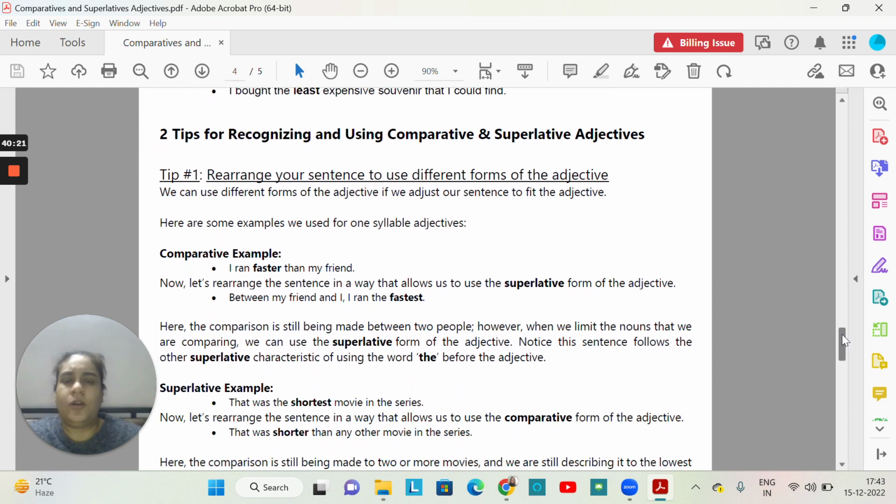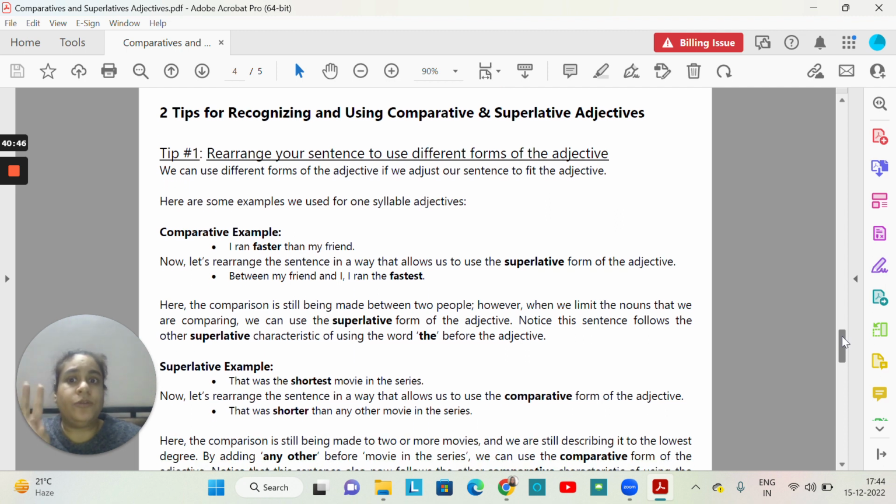So there were a lot of souvenirs over there, in the range of 50, 60, 100, 150, 200, 500, 1000 rupees. Out of all those, the souvenirs that existed with different ranges, I chose the least one. That's it.